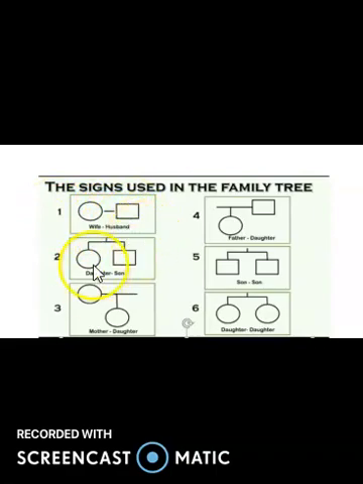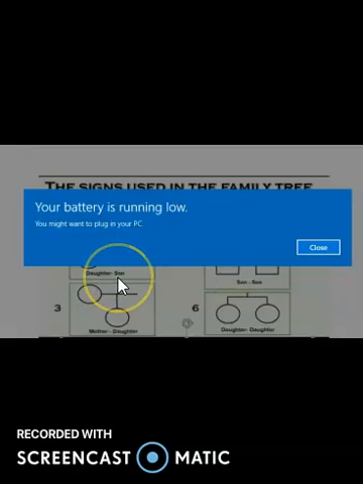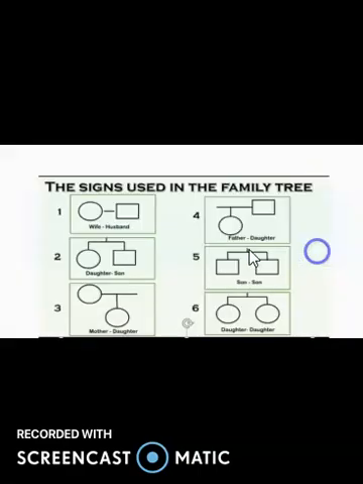Now look at the number 2 figure: an oval and a square connected with an extension which connects to the upper object. When it has an extension, this means they are siblings, daughter and son. As you saw this figure on the previous page, isn't it?